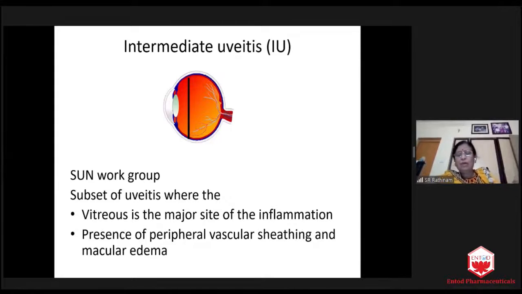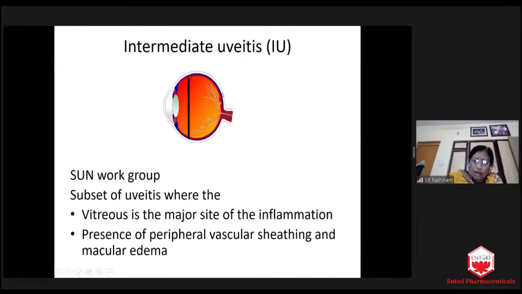I will definitely include those important points. The SUN nomenclature group has given us a very clear definition. Vitreous is the major site of inflammation here, and peripheral vascular sheathing and macular edema may be present. And just because macular edema is there, we cannot call it panuveitis.